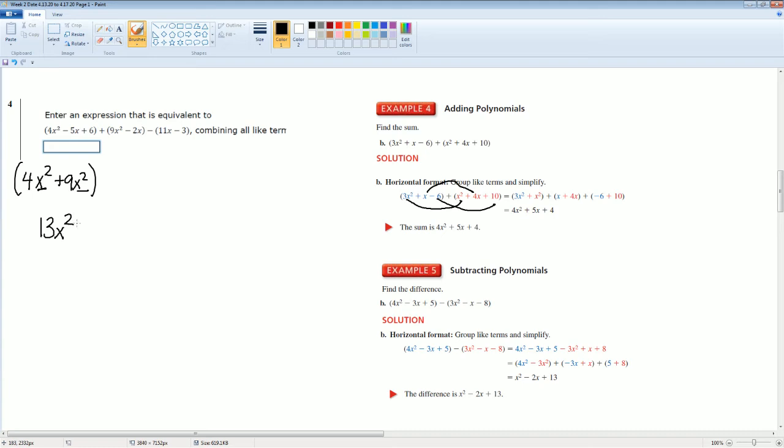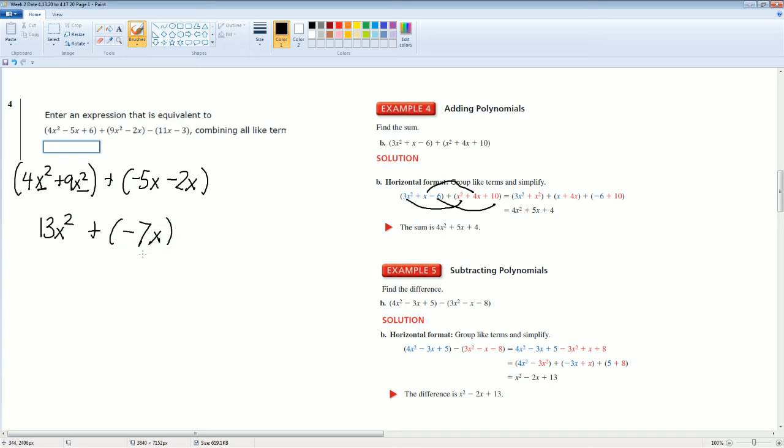Next, you have your negative 5x and your negative 2x. So plus negative 5x minus 2x, now you can add these. This gets you negative 7x.